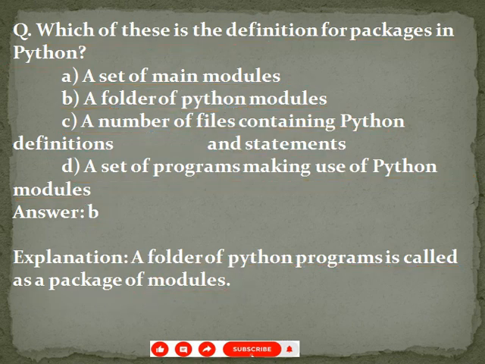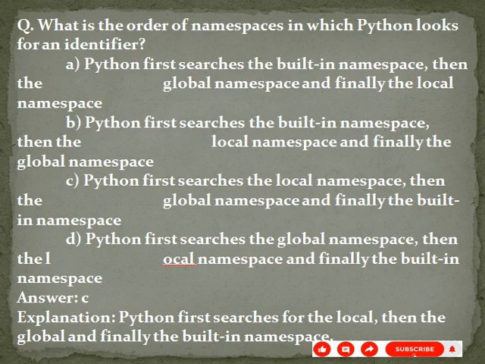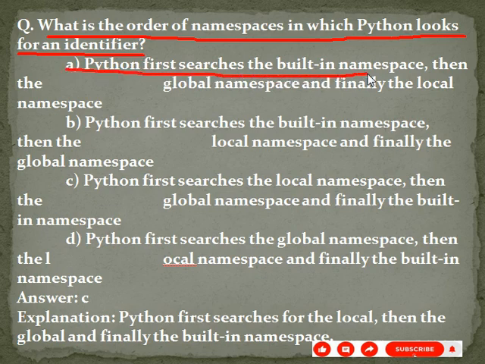Next question. What is the order of namespaces in which Python looks for an identifier? Given options are option A, Python first searches the built-in namespace, then the global namespace, and finally the local namespace.